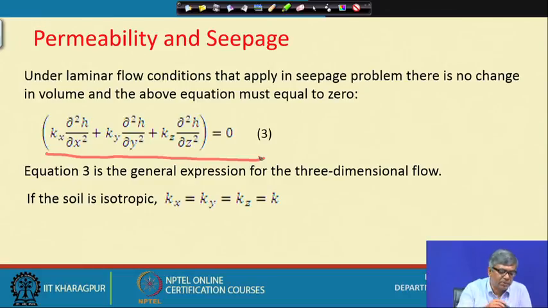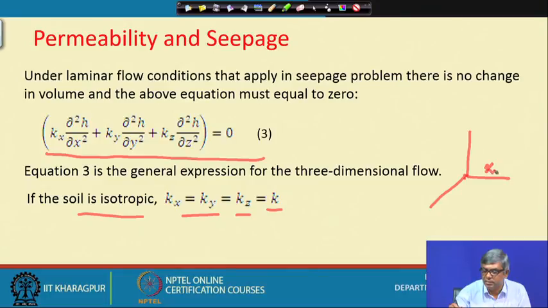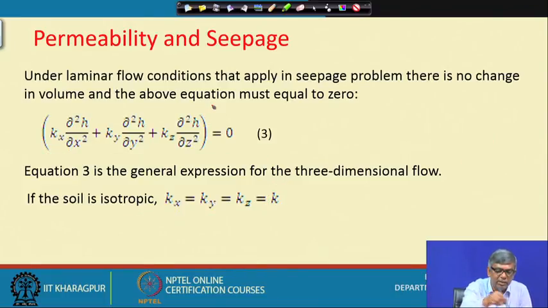If the soil is isotropic, that means k_x equals k_y equals k_z equals k. That means in all three directions the coefficient of permeability is the same, so it can be taken as k everywhere. k cannot be 0, so either k is 0 or the remaining portion is 0; since k cannot be 0, the remaining portion has to be 0.